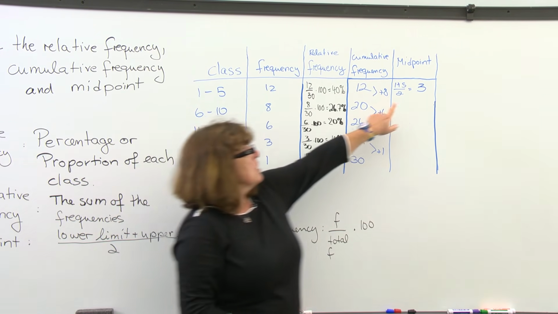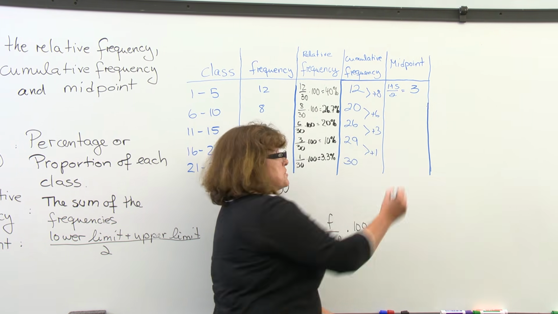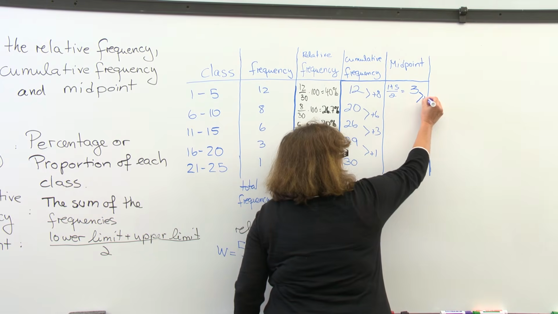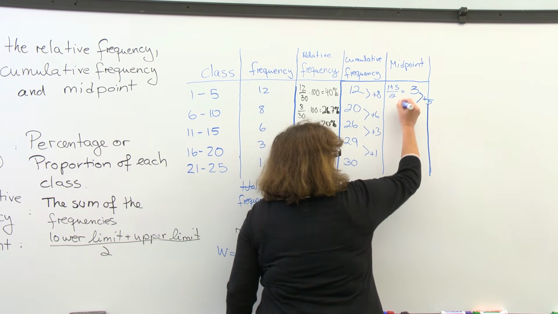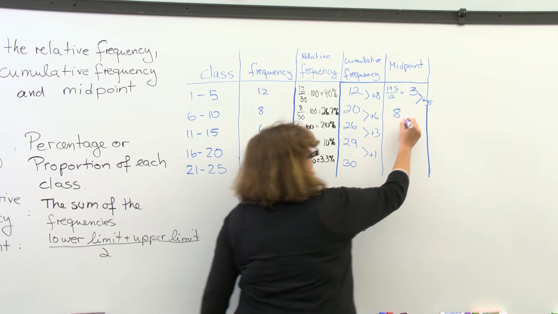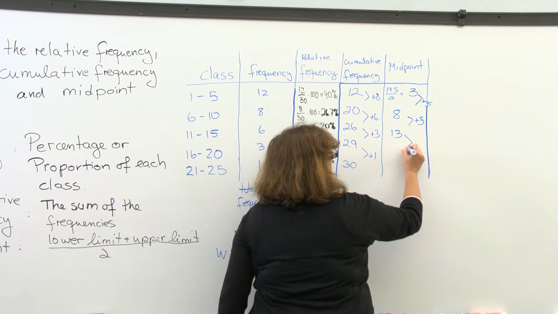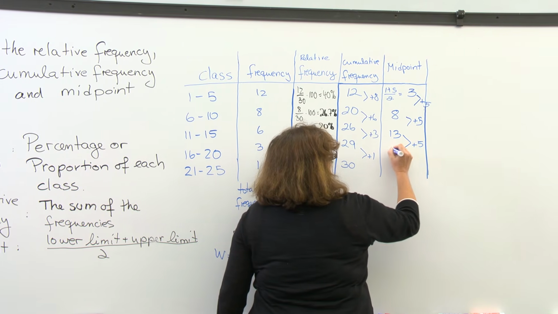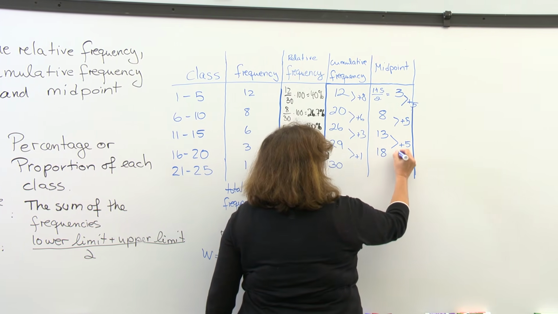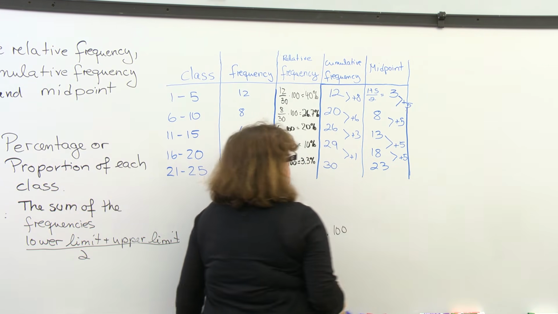So now all we have to do is add 5 to our first midpoint, and we get 8, so 8 would be the midpoint for the second class, plus 5, 13, plus 5 is 18, and plus 5 is 23.